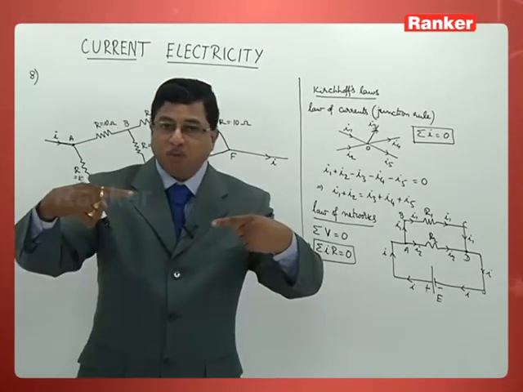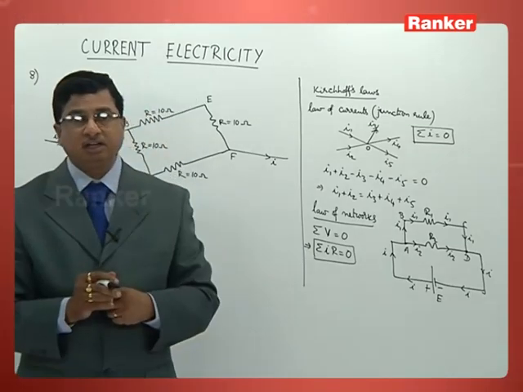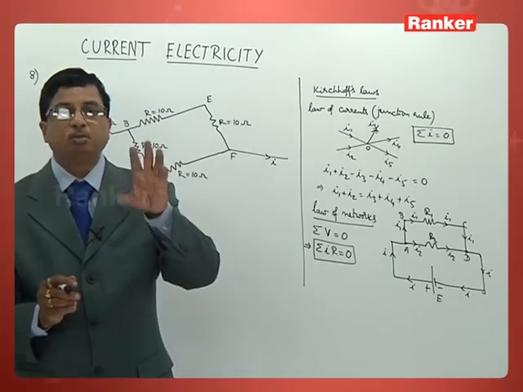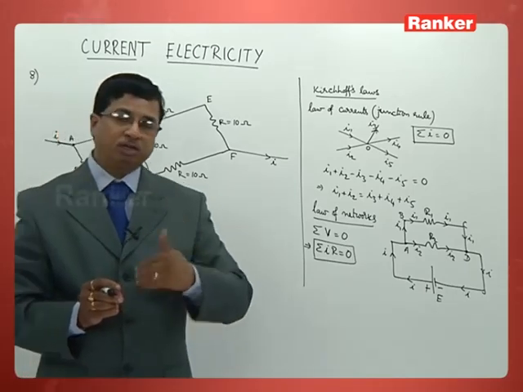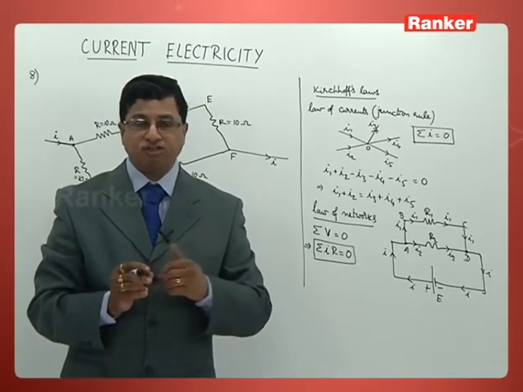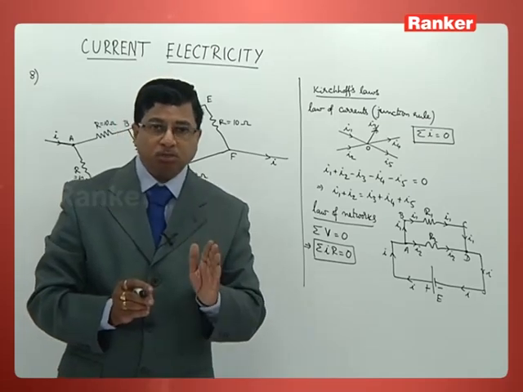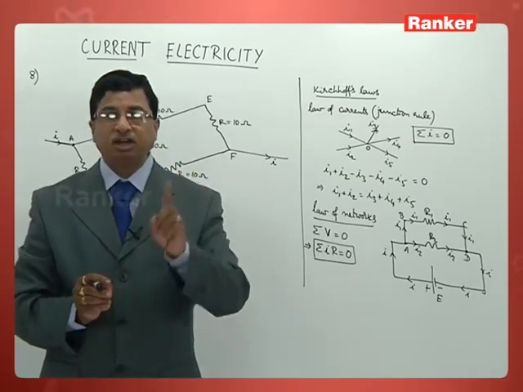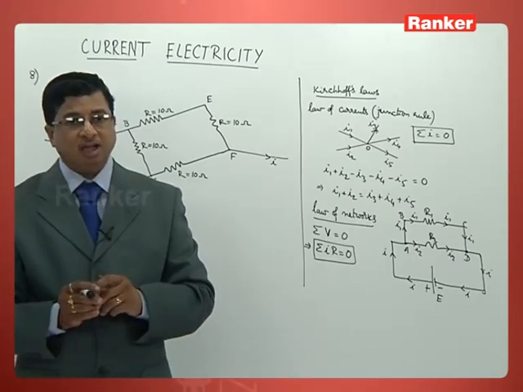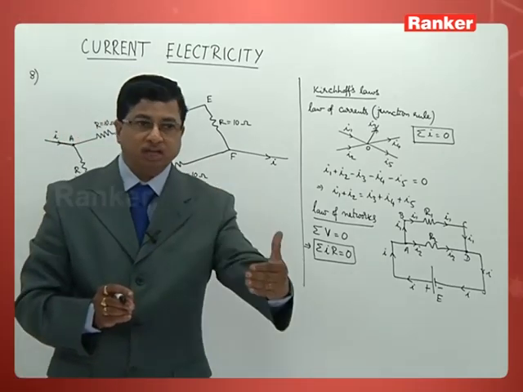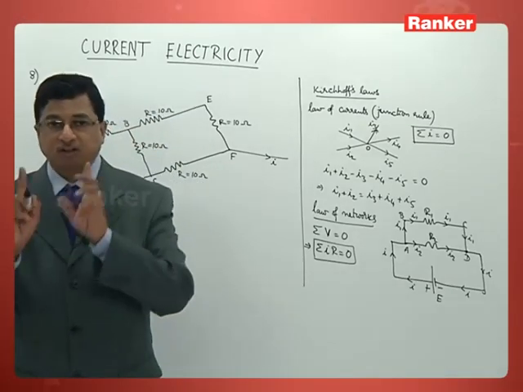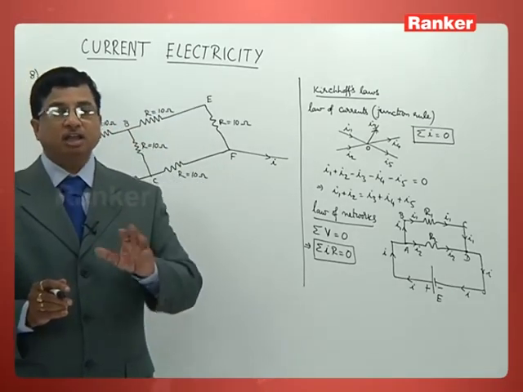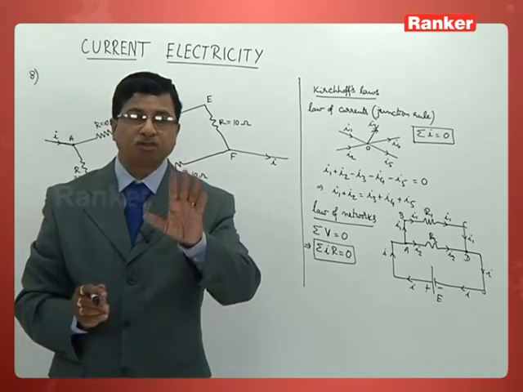If you move opposite to the direction of the current, take that current as positive. I hope you have recollected the condition. When we move along the direction of current, I should be taken with negative sign. When we are moving opposite to the direction of electric current, then I should be considered as positive.